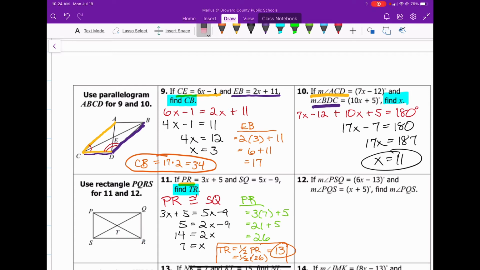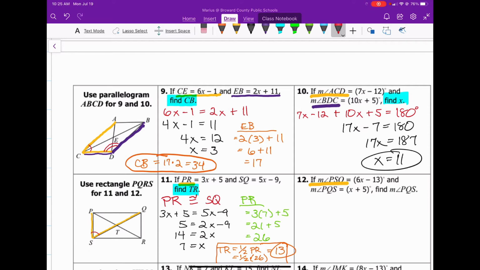All right, let's take a look at number 12, and then we'll wrap this video up. Number 12, they give us the angle PSQ. We have that angle here.